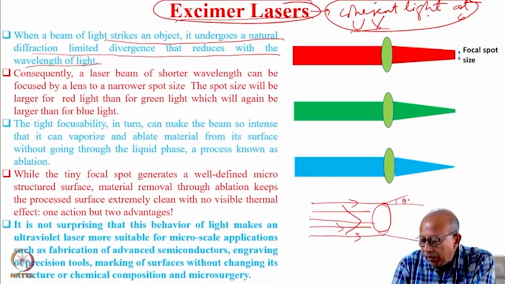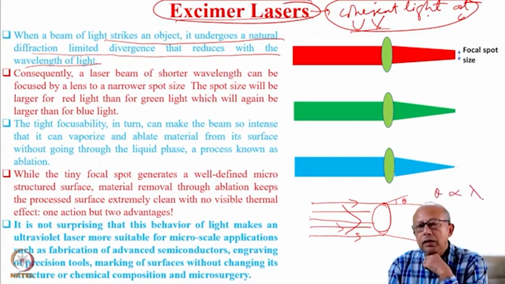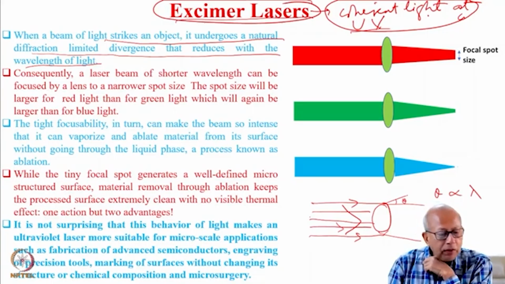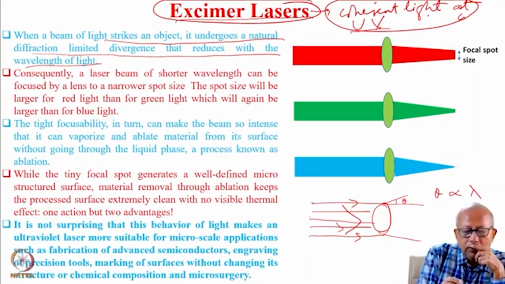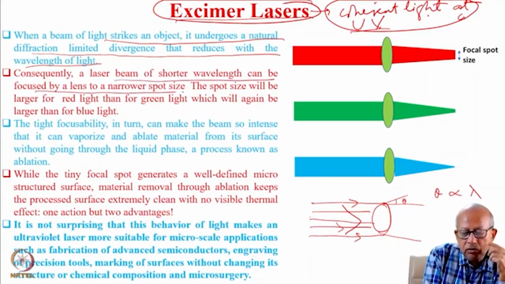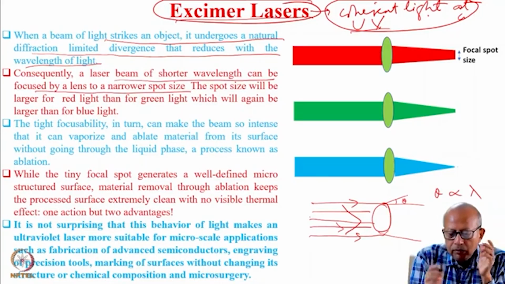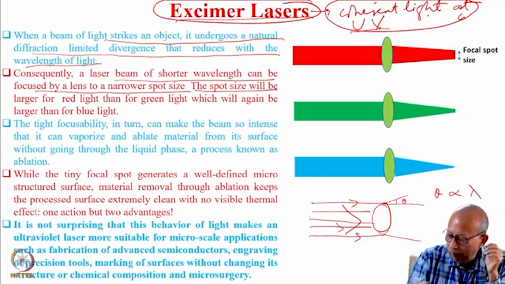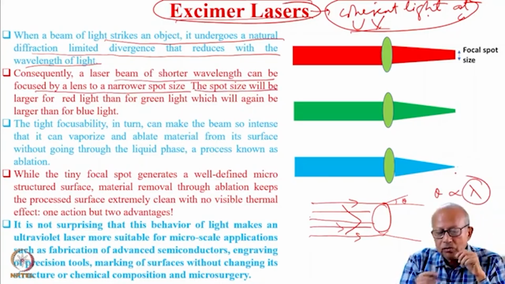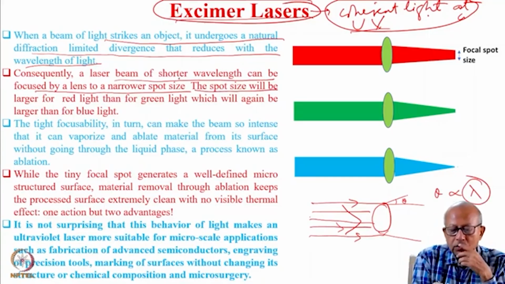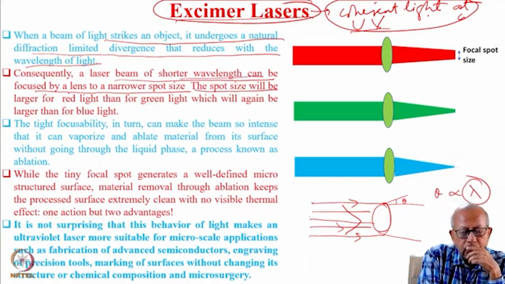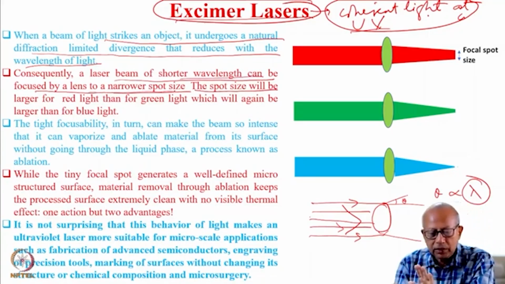And this angle of bending is proportional to the wavelength of light. That means longer is the wavelength, more would be the bending. So then, what is the consequence of that? Consequently, a laser beam of shorter wavelength can be focused by a lens to a narrower spot size, because the bending increases with wavelength.